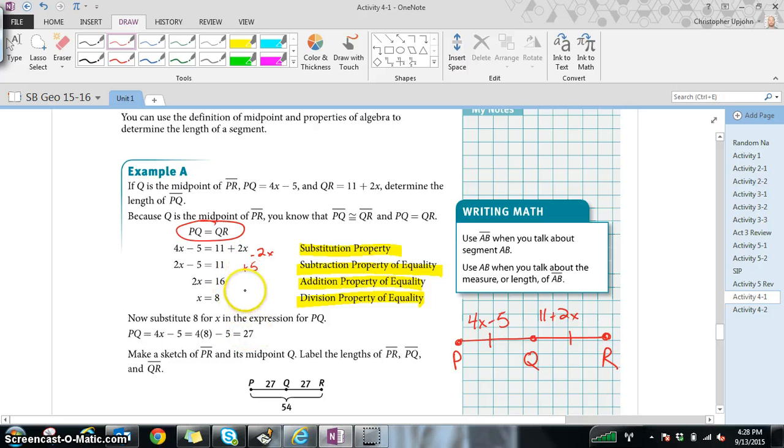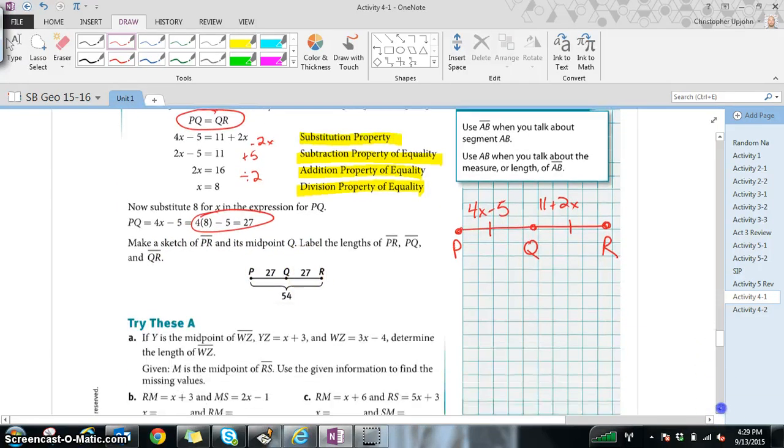Then we're using division property of equality, we're dividing by 2 to get x equals 8. But that's not what the question asked. It said find the length of PQ. So we had to do that, but now we substitute that back in here. So 4 times 8 is 32, minus 5 is 27, and it's 27. Make a sketch of PR and its midpoint, so we can see it. That's 27, that's 27, and together it's 54.